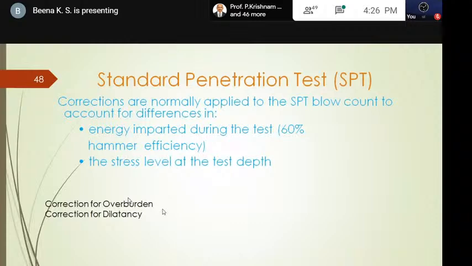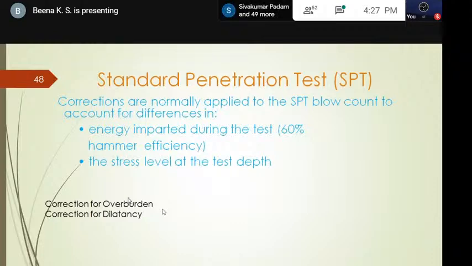So the energy imparted during the test, 60% hammer efficiency in the N value we calculate, and also the stress level at the test depth. For considering the stress level, we have to consider the overburden pressure. So we have to consider correction for overburden pressure, and again the dilatancy correction and water table correction, we have to apply.